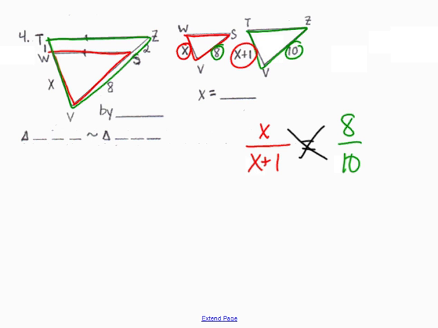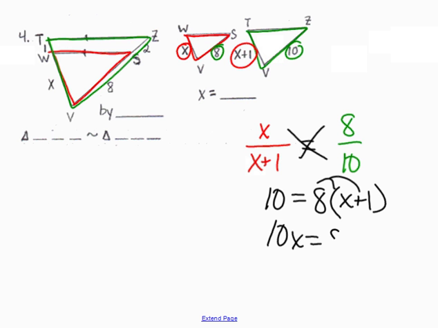We got 10x equals 8 times x plus 1. Remember your parentheses, remember to distribute. So 10x equals 8x plus 8. So I'm going to subtract 8x from both sides. So that's 2x equals 8, x equals 4.